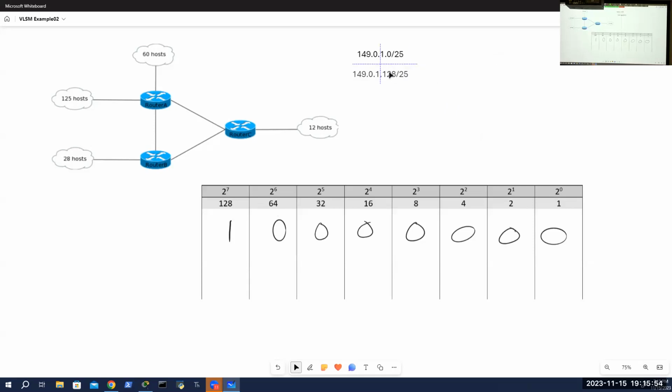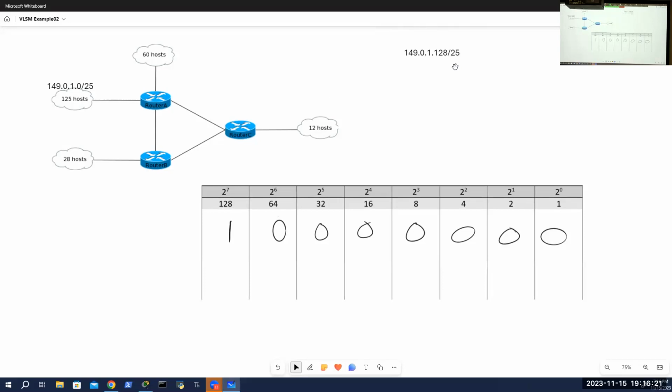So now that we've got that, we can basically say, let's use this one for the 125 hosts. So that one's no longer available. Now we've got this one that has 126 host addresses, and that's more than we need, thankfully, because we've got 3 more LANs to do.